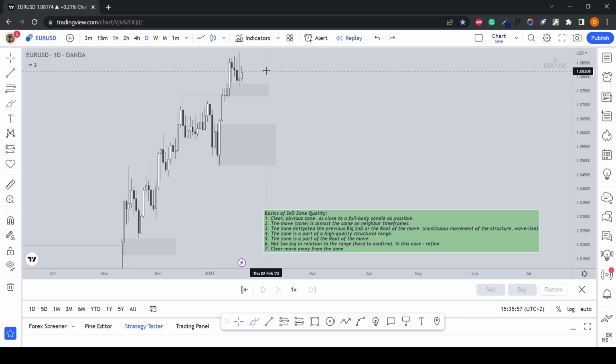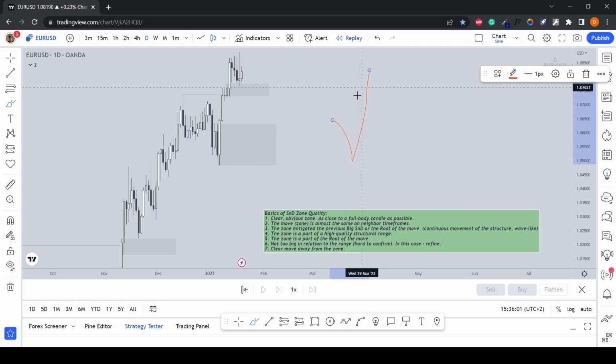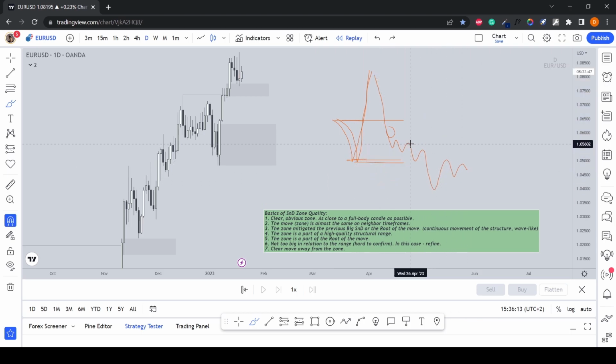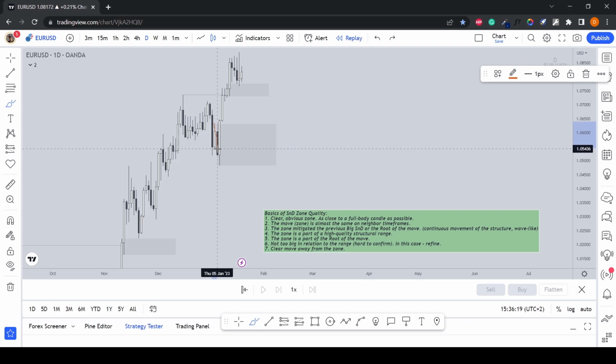When you see something like that, it means there was probably no big intention from the smart money operator to move from the zone, and in the future, when price comes back for mitigation, it will just grab liquidity below, and that's all. So usually the best zones show something like this: a move down and a clear move up away from the zone.